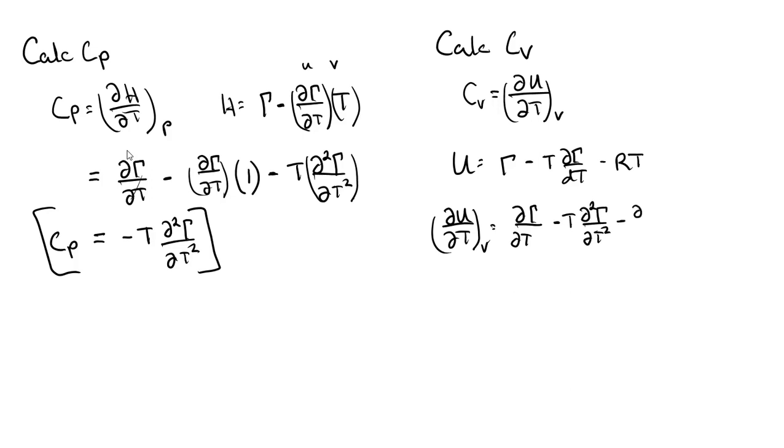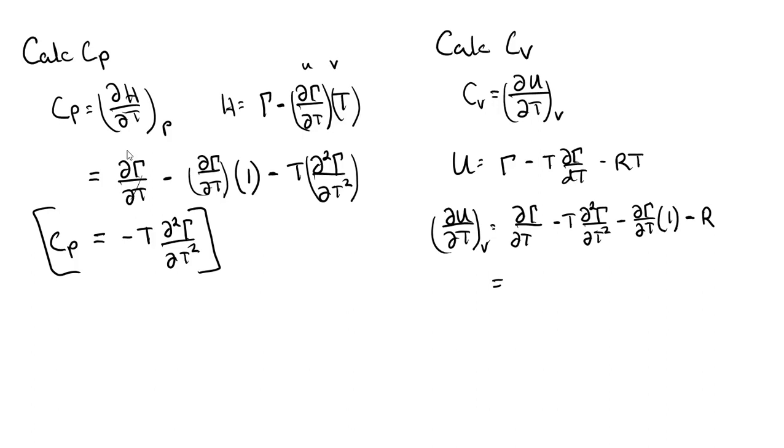minus dΓ/dT times dT/dT, which is 1. And then minus, we take the derivative with respect to T of minus RT, that's minus R. So let's see, this term and that term will cancel.